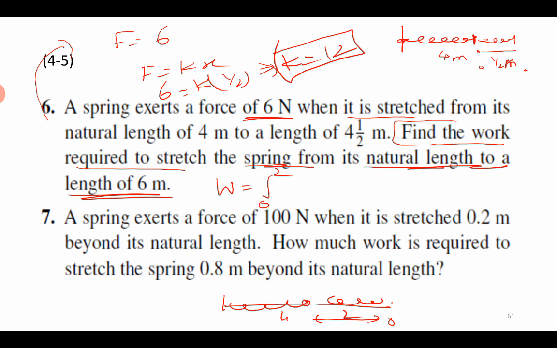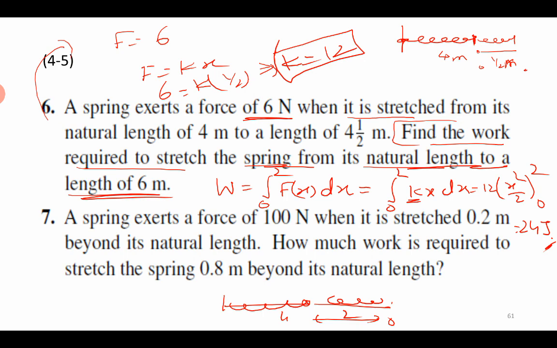So 0 to 2, 2 meters more you are stretching. The work is the integral of F of x dx, and F of x for a spring problem is k times x. Integral 0 to 2 of k times x dx. And k is known, 12. Keep the 12 outside. Integrate x, it is x square over 2, from 0 to 2. So when you solve this one, you will get 4 divided by 2, 2 times 12, 24 joule. 24 joule is the answer for the first problem.